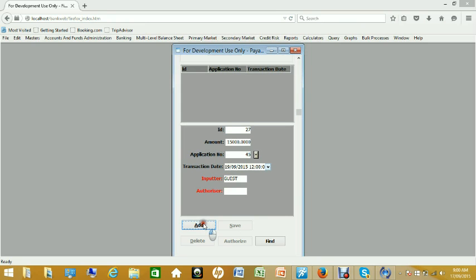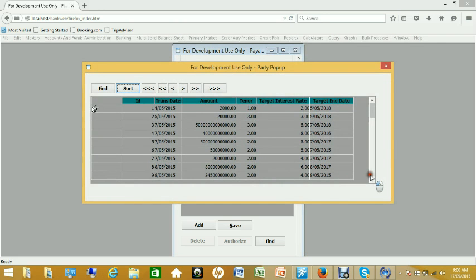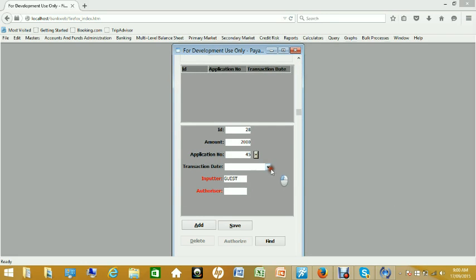Let's add one more last record. Amount is 2000 and application number 45, and transaction date 20th of September.